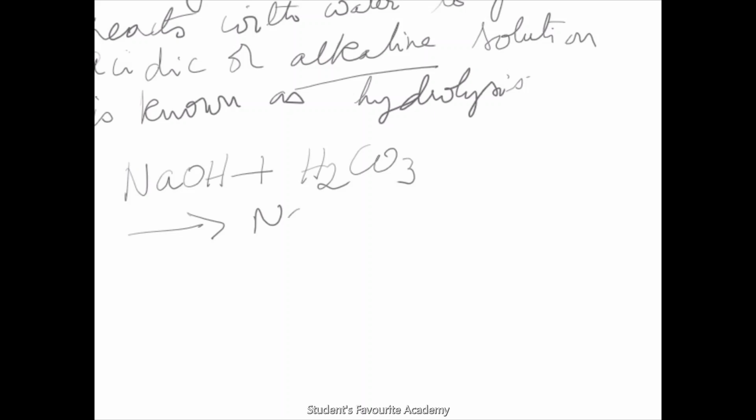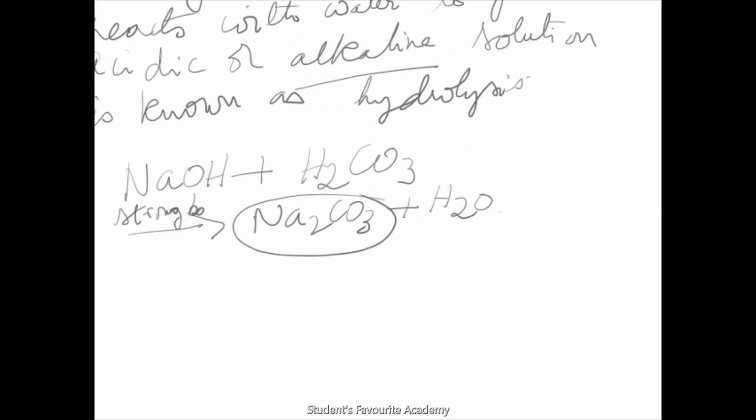You get sodium carbonate, Na2CO3, plus H2O. So this is a salt formed by a strong base reacting with a weak acid. So when such a salt is dissolved in water, what is formed?